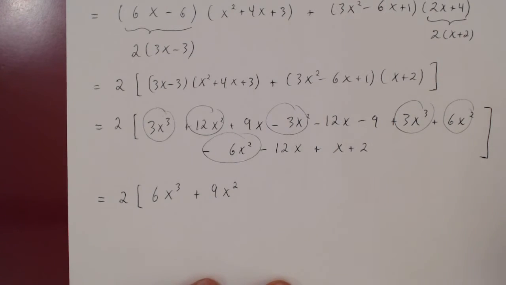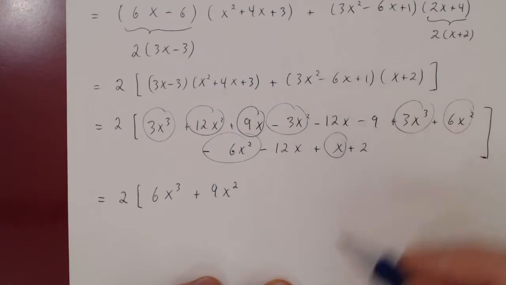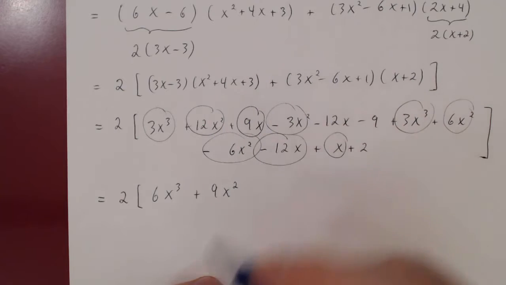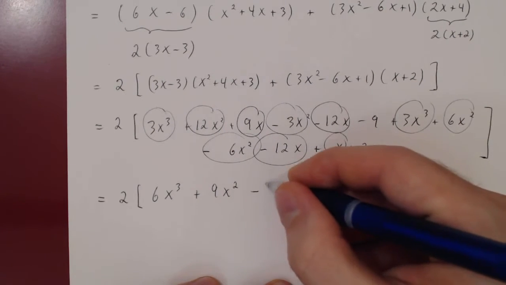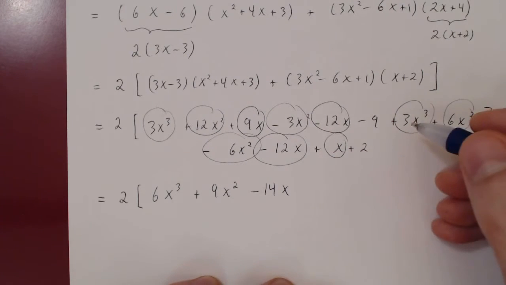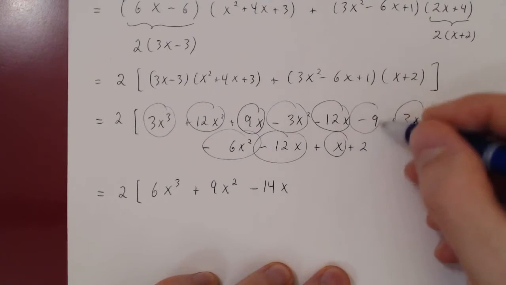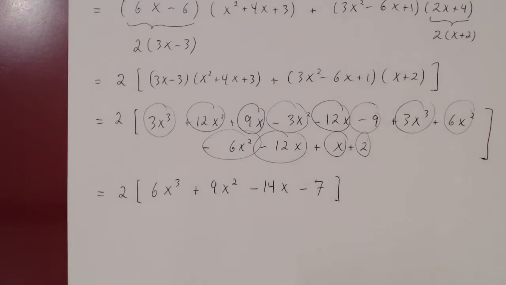Multiples of x, well, what do we have here? 9x plus x is 10x, minus 12x, minus 2x, minus 12x, minus 14x. And finally, the constant term, negative 9 plus 2, negative 7.